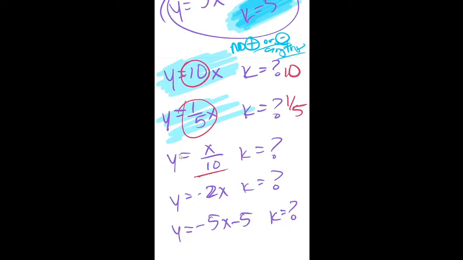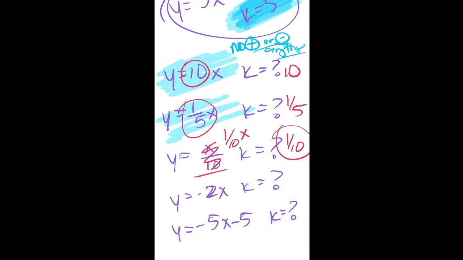Now, don't be fooled. x over 10 is the same thing as 1/10 x. If you need to rewrite it like that, rewrite it like that, because this is a lonely equation. It is 0 when x is 0. So the k for this is 1/10. Okay? Don't be thrown by division or fractions. It's all about, is there anything else next to it?